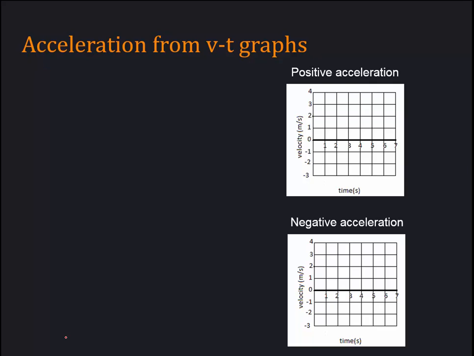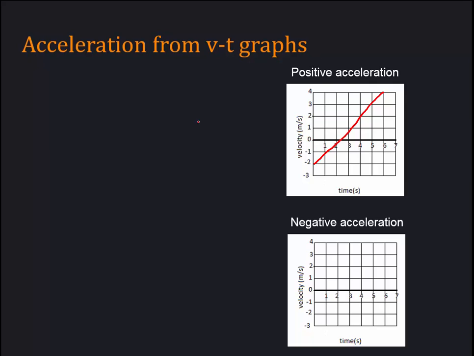Now, if we look at some velocity time graphs and we're getting acceleration from these, remember, we're just getting slope. So positive acceleration means we have positive slope. So I'm going to draw this line through here. This actually shows two distinct motions.